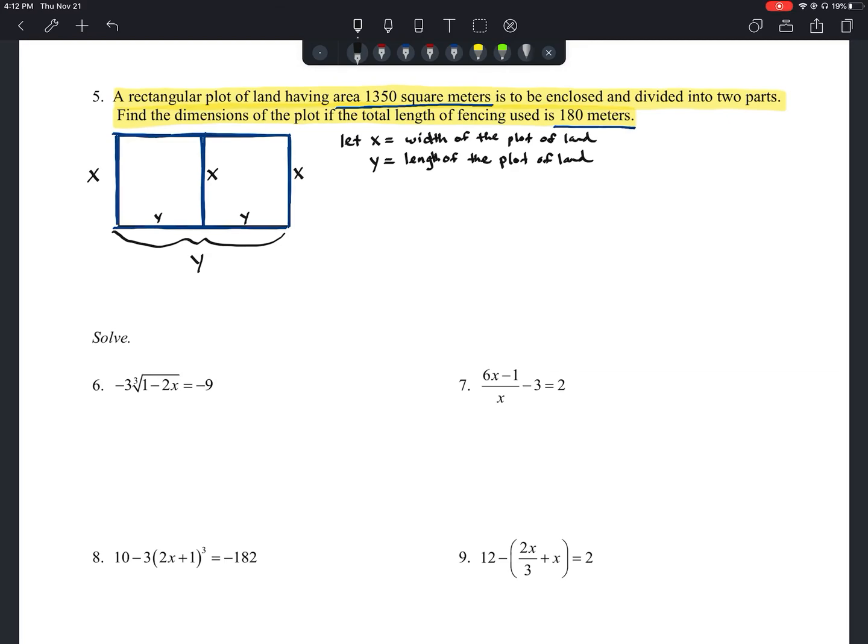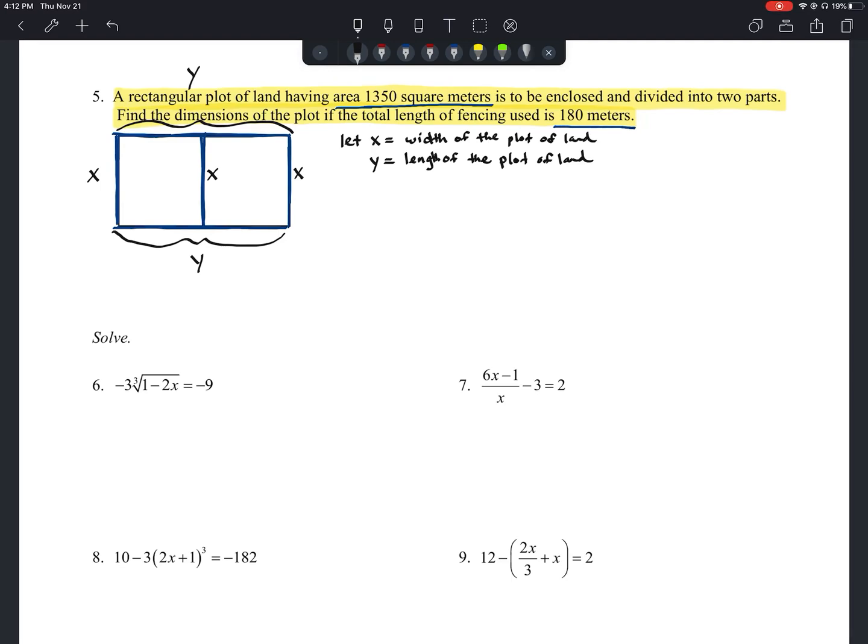Whichever way you did it, it should end up giving us the same answer in the end, as long as you're giving what it's asking for. So this side here is also going to be a distance of Y. I'm just going to write it above the problem up there.